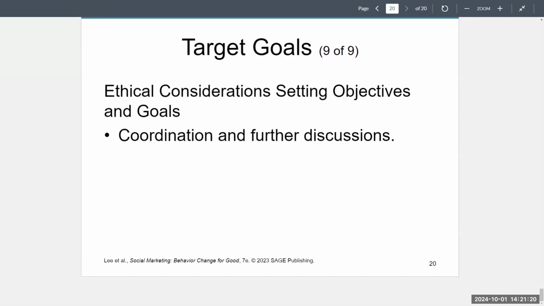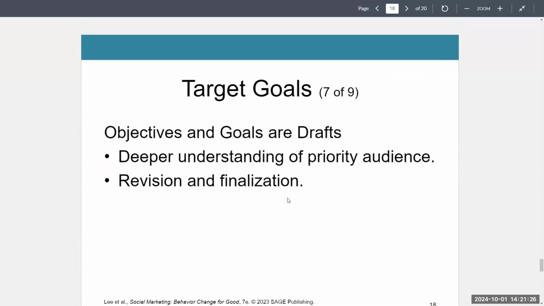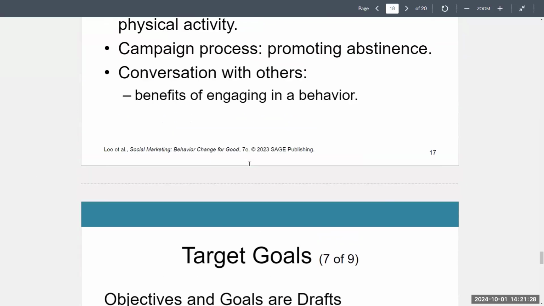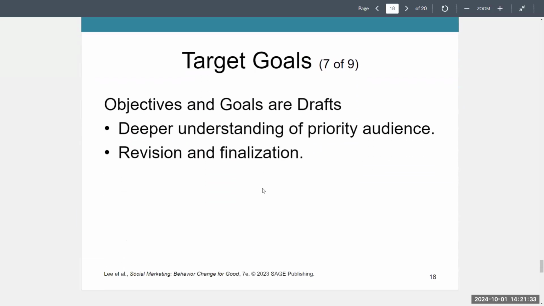All right, and then I skipped through these because they kind of all say the same thing. Actually, let's talk about these. For this one, the objectives and goals are drafts, and what they do is they help you gain a deeper understanding of your priority audience. So when you have these goals and objectives, it gives you, again, this roadmap that you are dealing with.